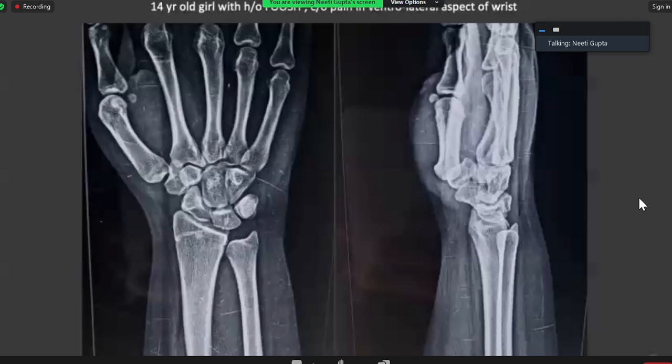Yeah, I wanted one of you to say a distal radius fracture, because that's what the orthopedician had suspected, a distal radius fracture.